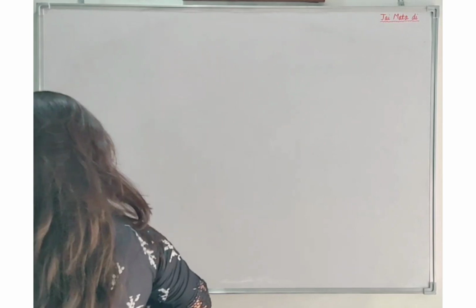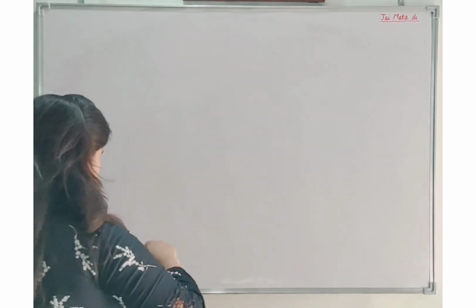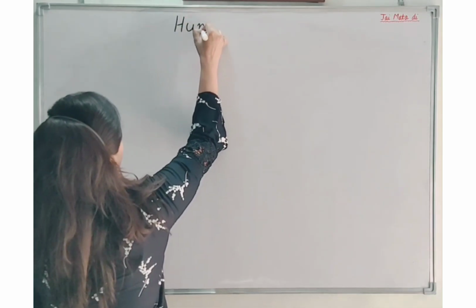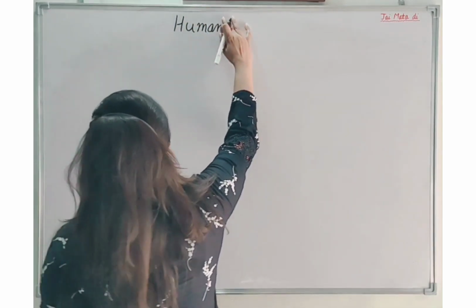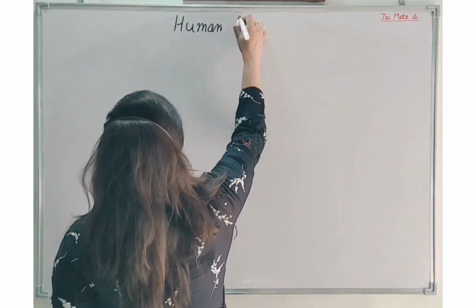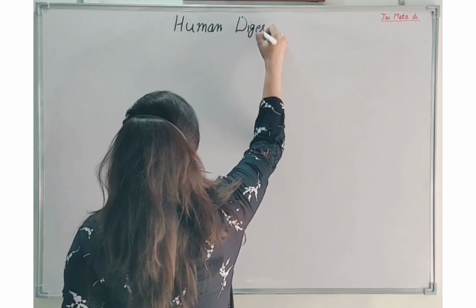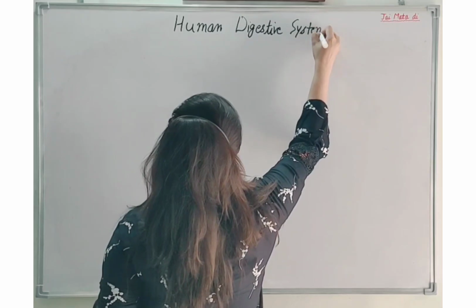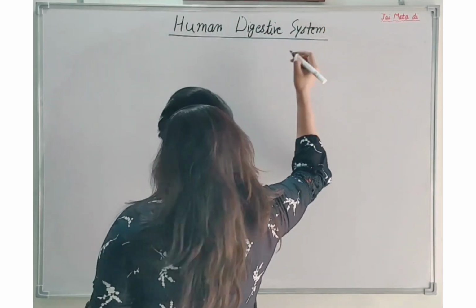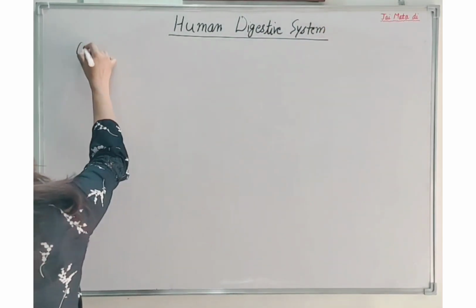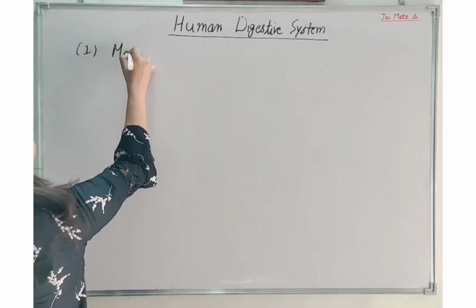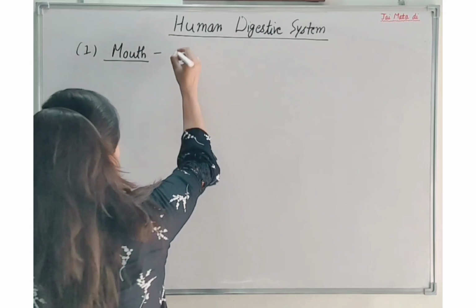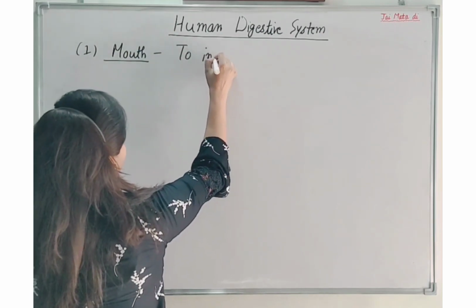Okay. So the first part of the human digestive system is the mouth. What is the function of the mouth? To intake food.